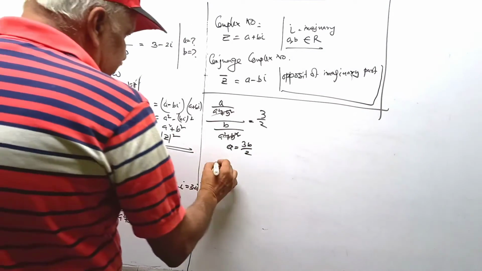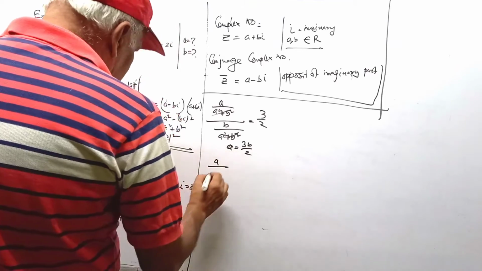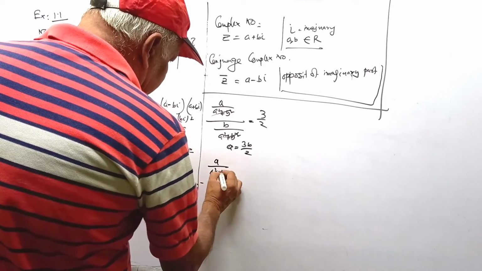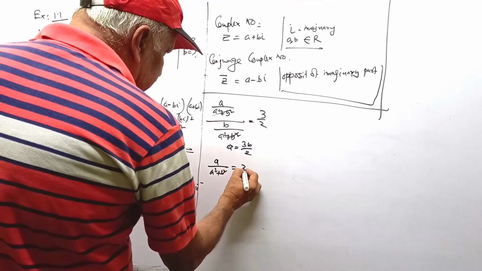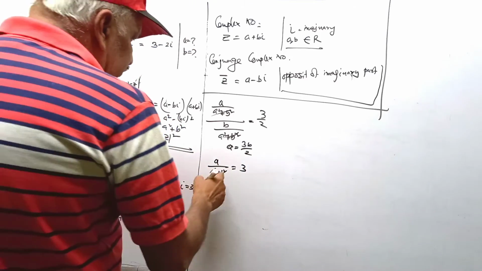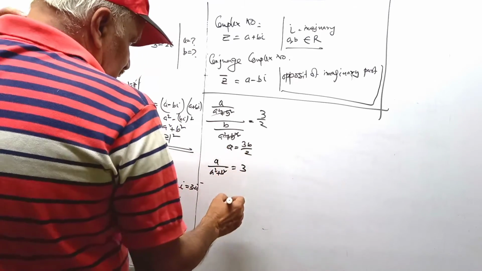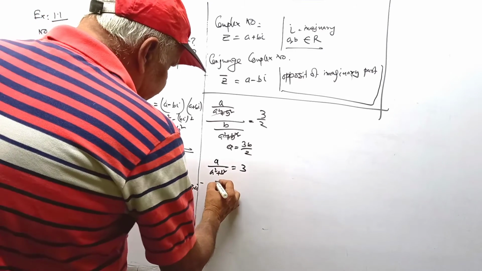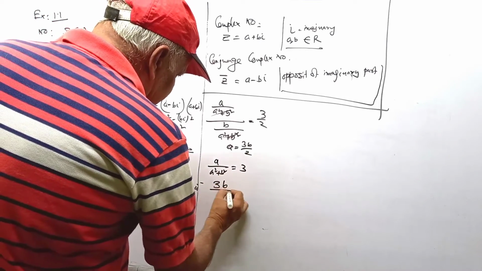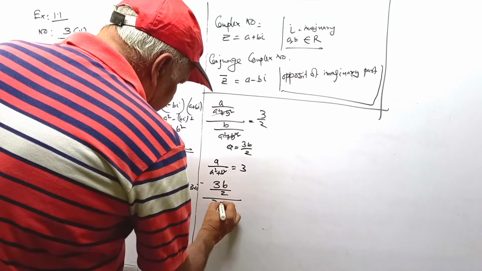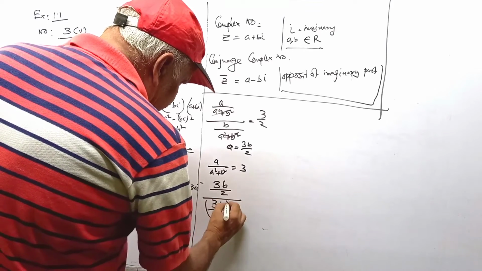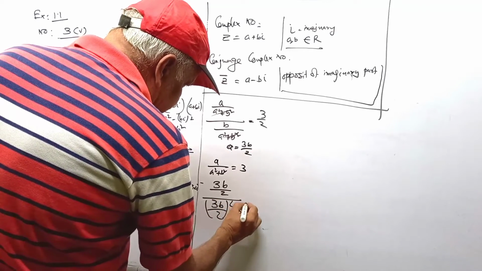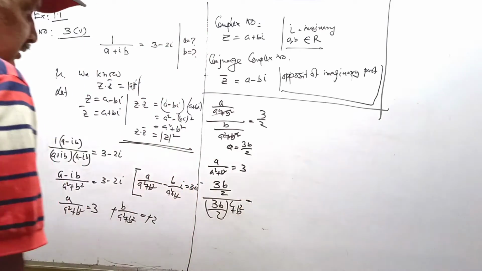Take any of the equations, a by a square plus b square equals 3. Put the value of a, that is 3b by 2: 3b by 2 whole square plus b square equals 3.